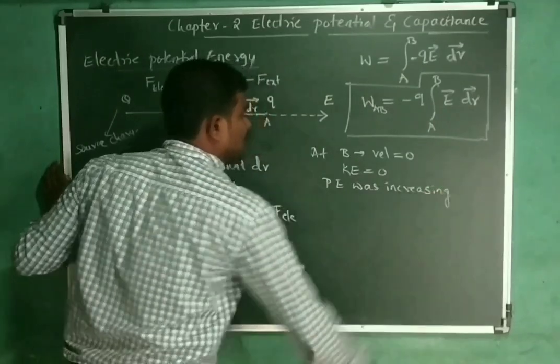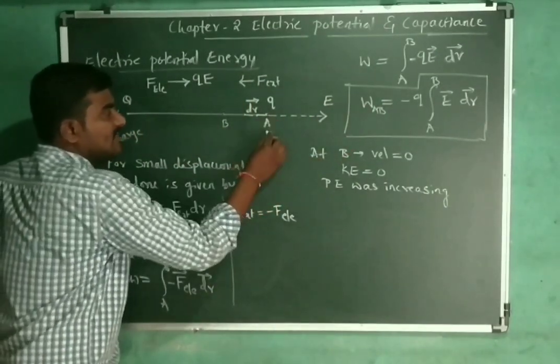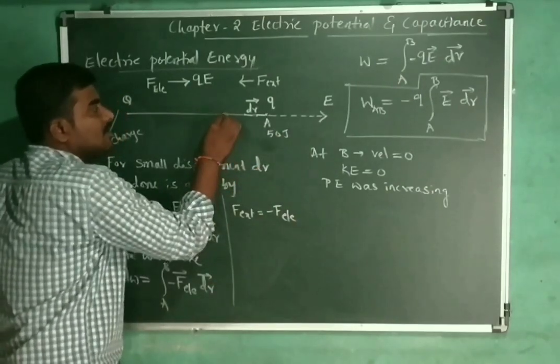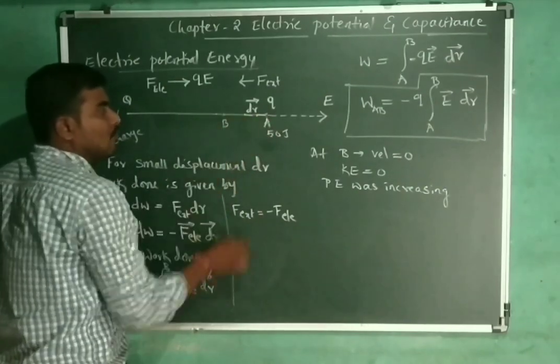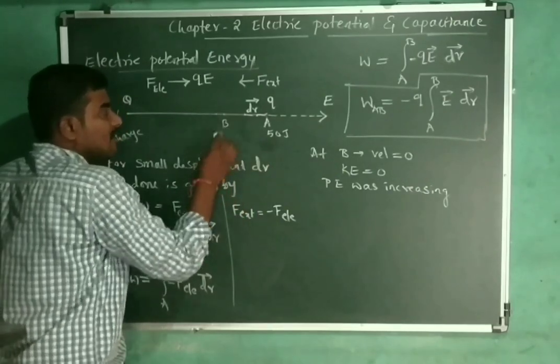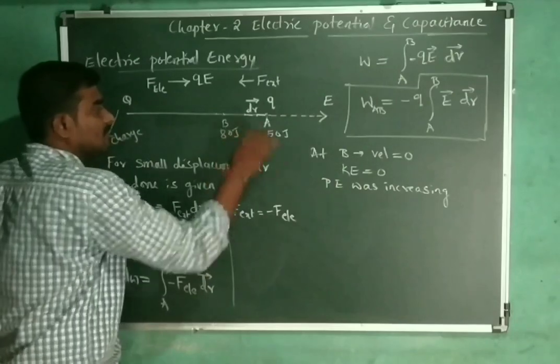The potential energy was increasing. Say at location A the work done is 50 joule, then the work has to be more in order to displace from A to B. If at location A 50 joule of work is done, at location B more than 50 joule has to be done, say 80 joule of work done.